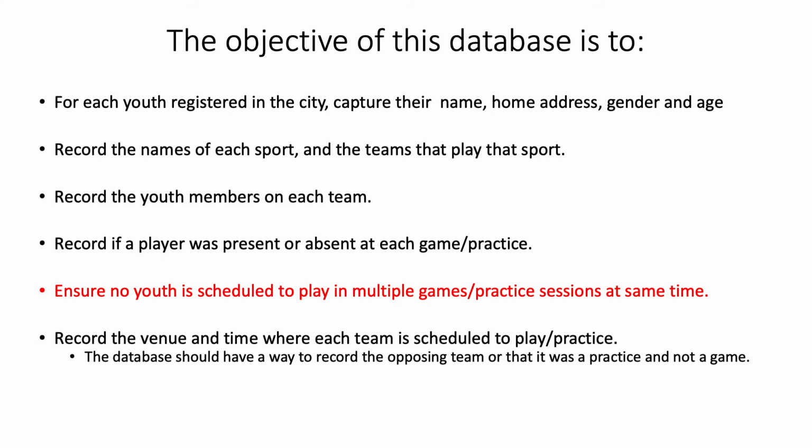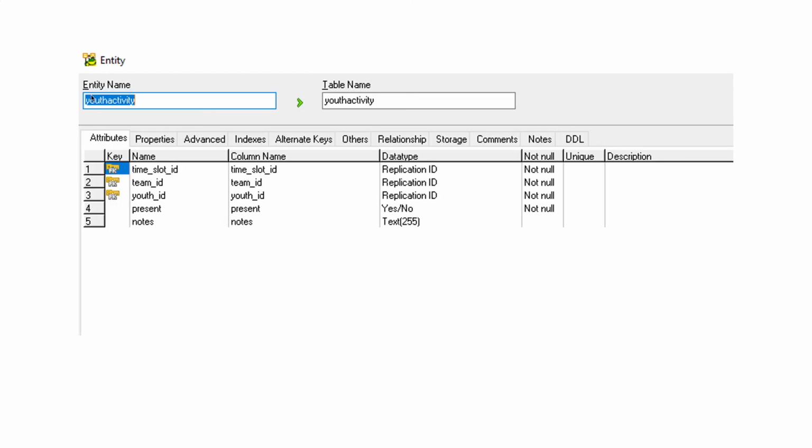Ensure that no youth is scheduled to play on multiple game or practice sessions at the same time. Well, I'm going to build an entity called youth activity, and I'm going to have a foreign key of time slot ID, and I'm also going to load the team ID and the youth ID, and so that's going to let me know both whether the team is scheduled more than one place in the same time slot.